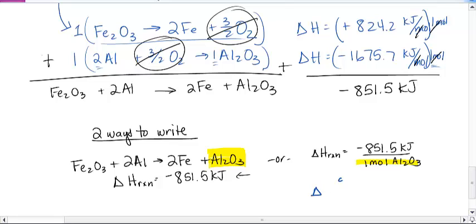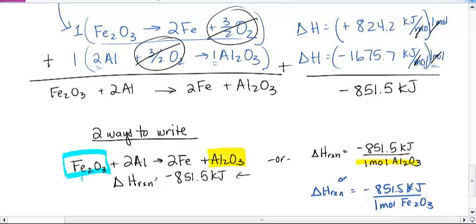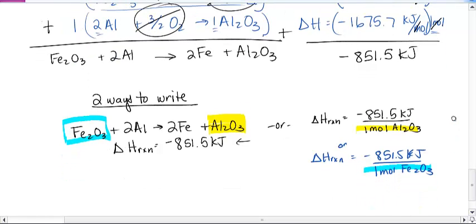Or I could interpret it as delta H of the reaction is negative 851.5 kilojoules per 1 mole of Fe2O3. Well, why? Because in my balanced equation, I have 1 mole of Fe2O3.